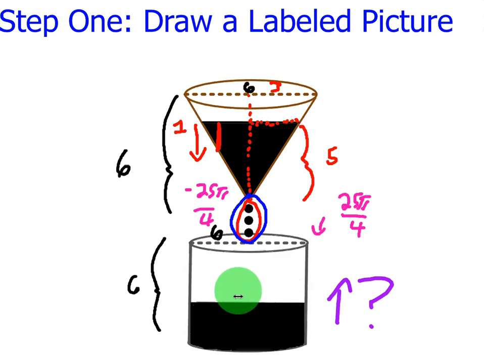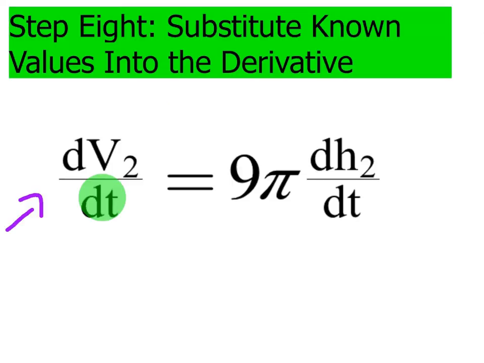This is example 4, sorry, not example 3. We don't know the level at which it's increasing here, so we can't replace that. We are trying to figure out dh/dt, so we obviously don't know that. So there's nothing to plug in. But that's going to lead us to another important step, which is to figure out the remaining variables so that we can solve for the ultimate question. In this case, how fast is the coffee rising in the pot?